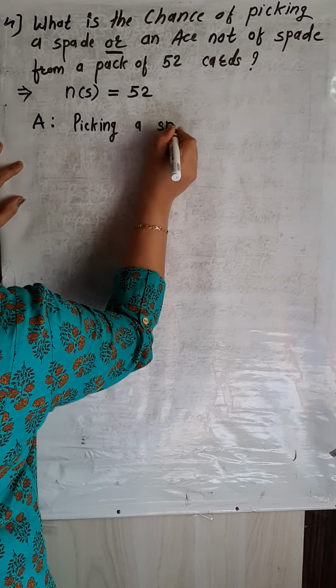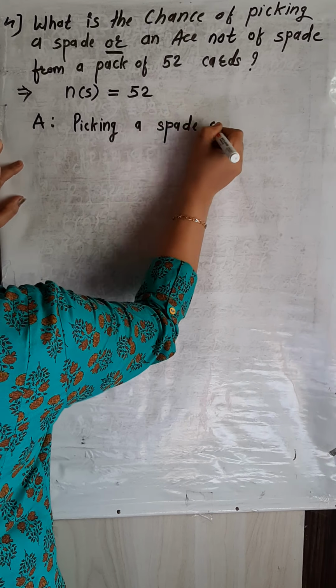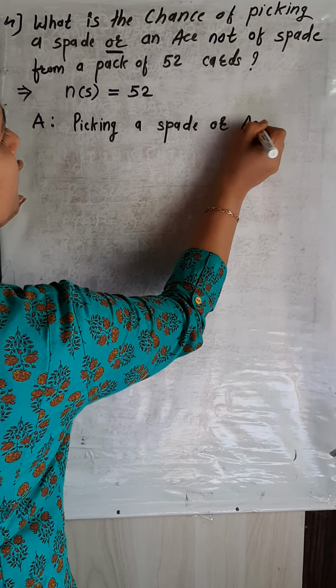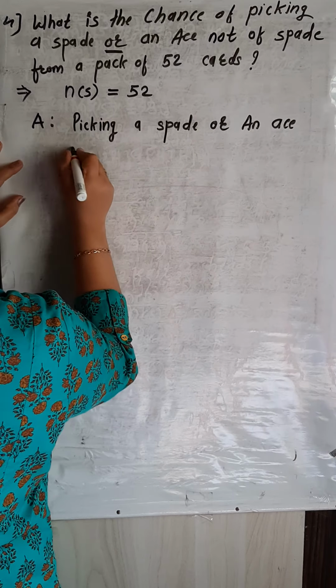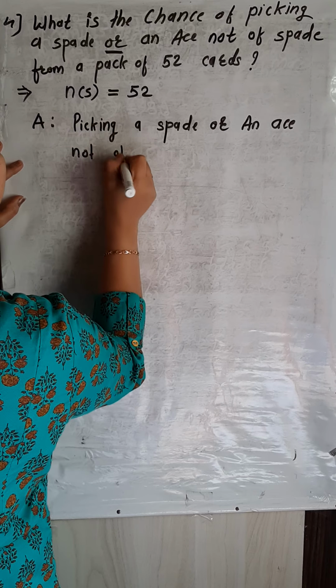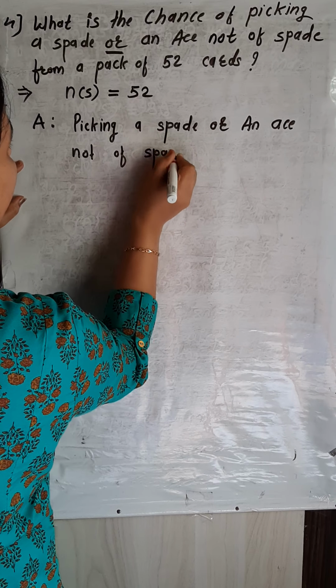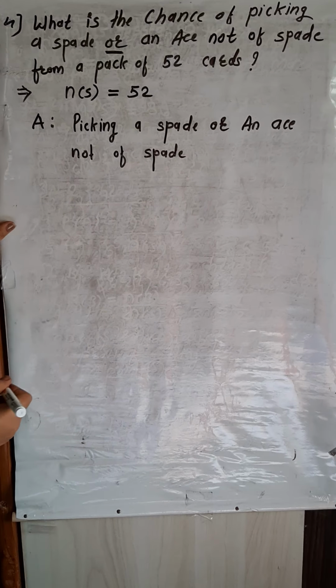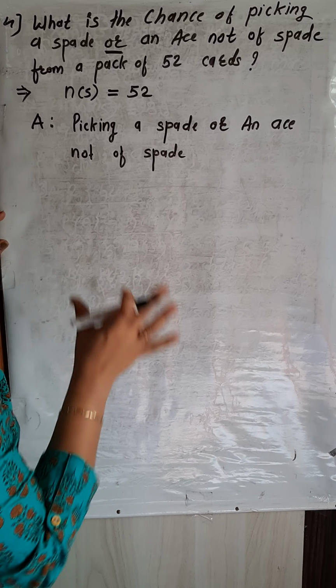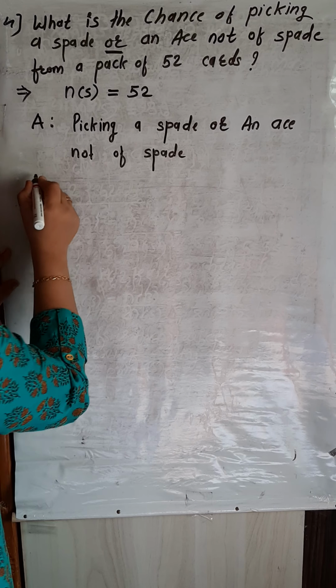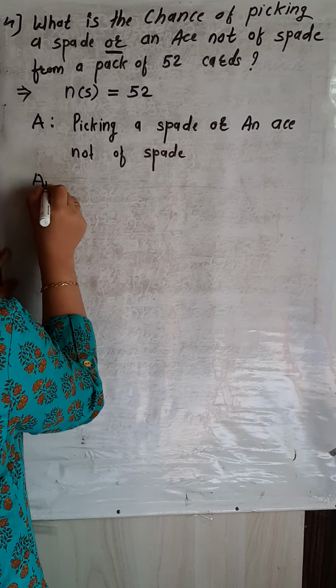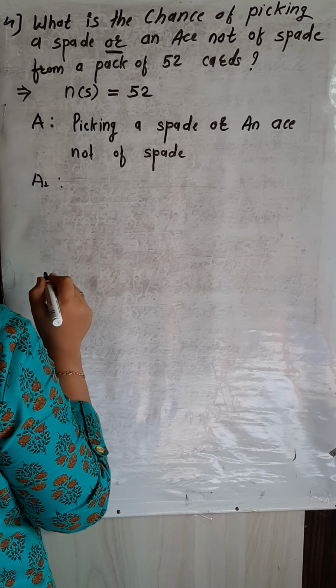Picking a spade or an ace not of spade. This is our event A, which we want to find, but further we can divide this event into two sub events like this. That's why it will become very easy to solve this question.